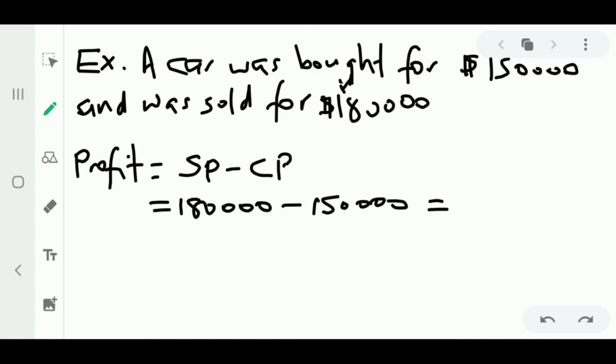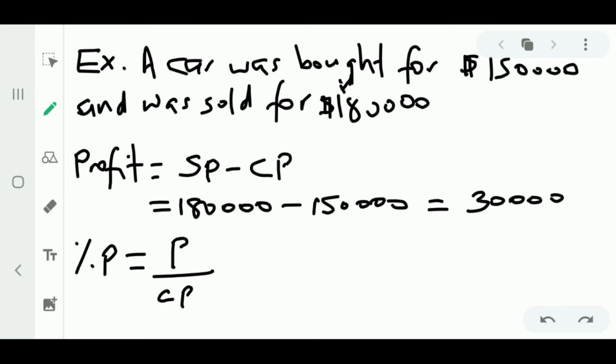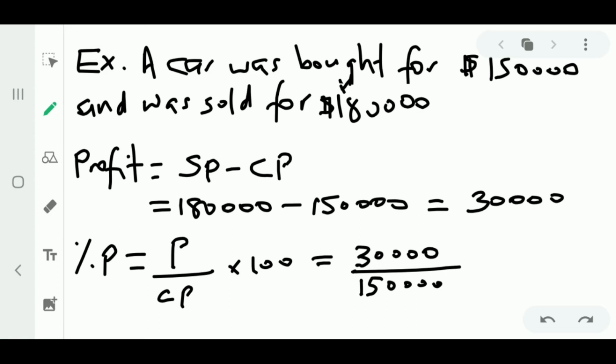So that means the profit is $30,000. Percentage profit is equal to profit over cost price times 100, which is 30,000 over 150,000 times 100%, and that is equal to a 20% profit.